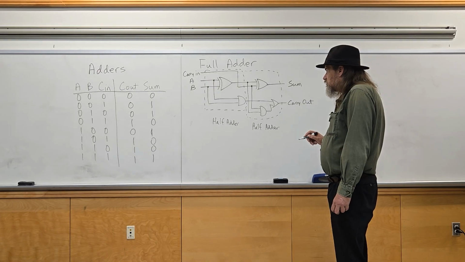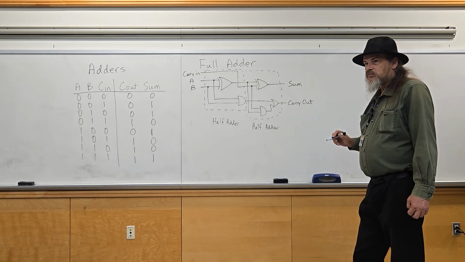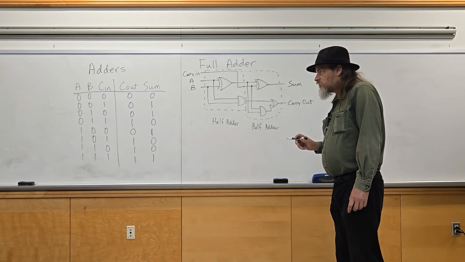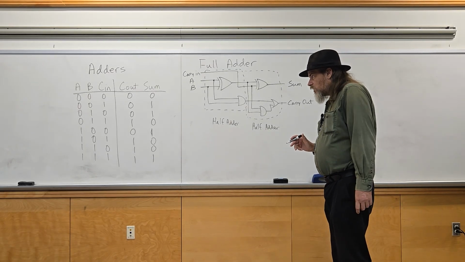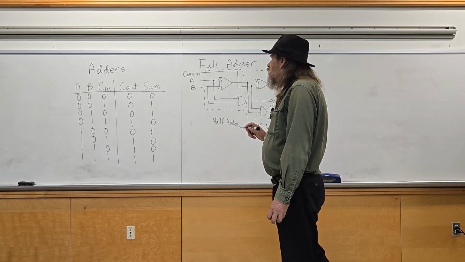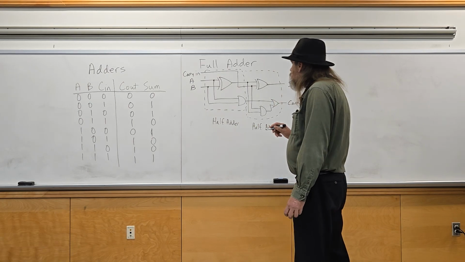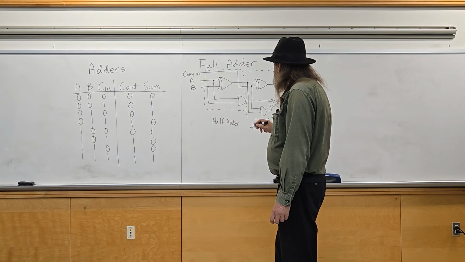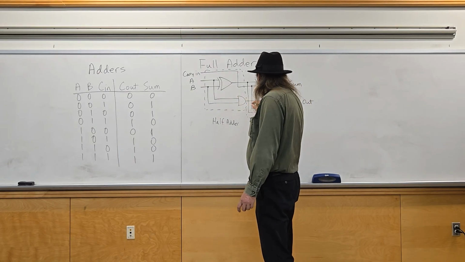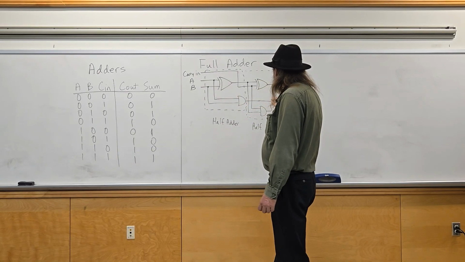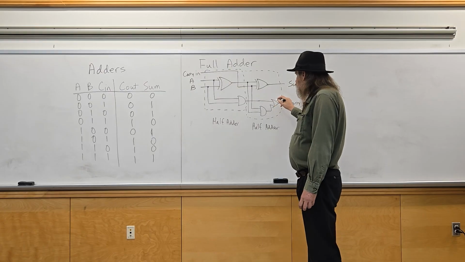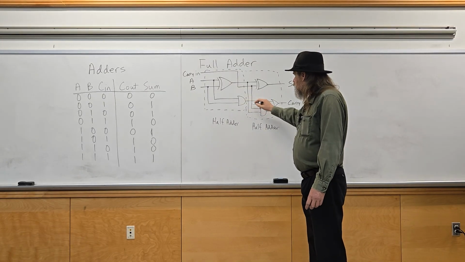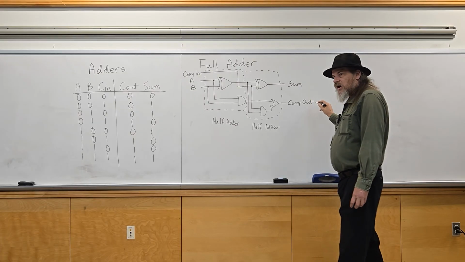It's like the even parity generator from the quiz on Friday. And then you have the carry from the 2 half adders, and either or. If there's a carry in either half adder, then you have the carry out.